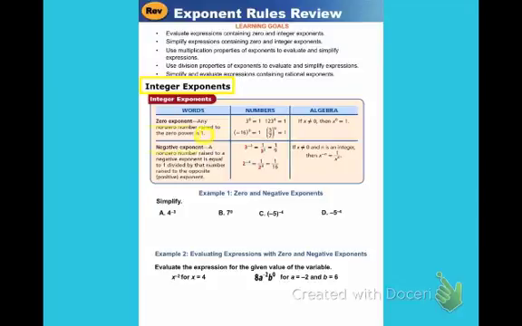And secondly, a negative exponent. A non-zero number raised to a negative exponent is equal to 1 divided by that number raised to the opposite exponent. So really, what it's saying is the reciprocal of the base raised to the positive power.